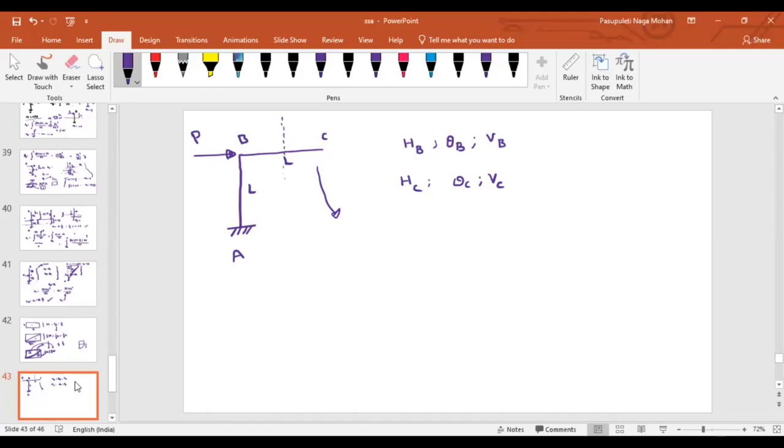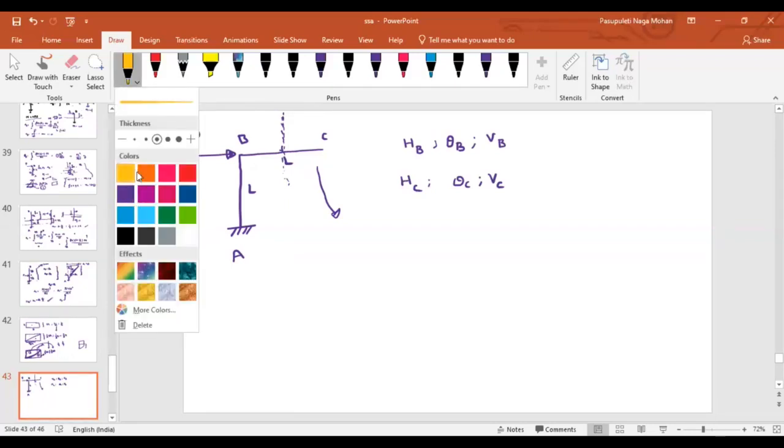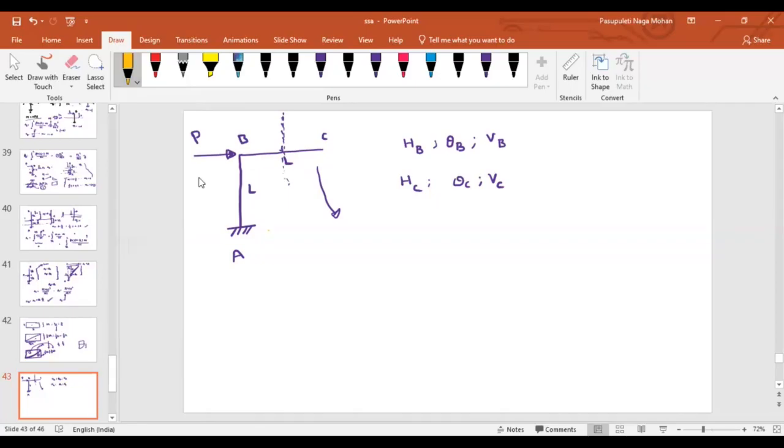Similarly, if I consider this as my section, look into the right side and tell me, are there any axial forces acting on the right side? No, sir. What is the axial force at this section? Is it 0? Or let us say if I want to find the reactions at point A, the horizontal load is acting at point B, then obviously what will be the reaction here?